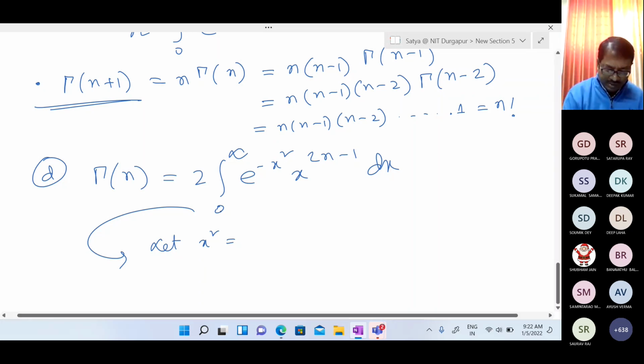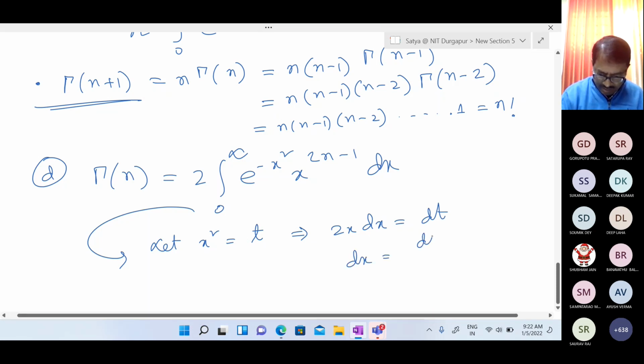So we take x square equal to t, and then this implies 2x dx equals dt, and we can simplify this: dx equals dt over 2 into x, where x means under root of t.